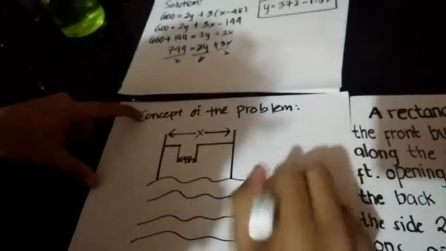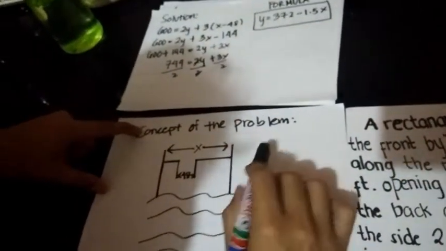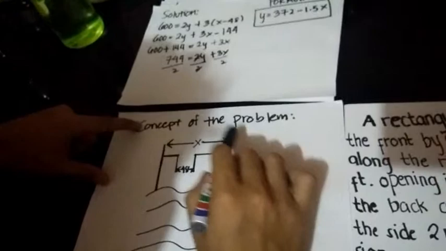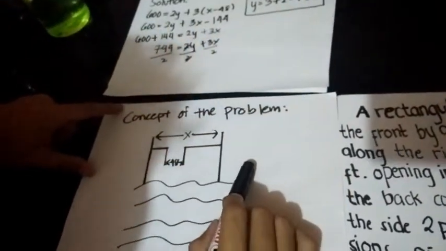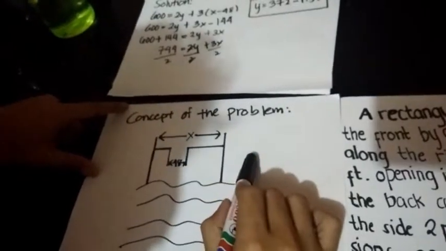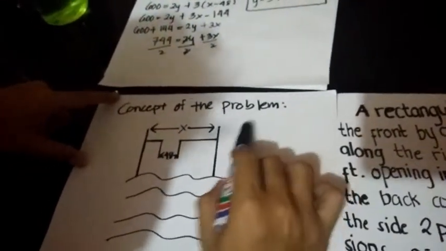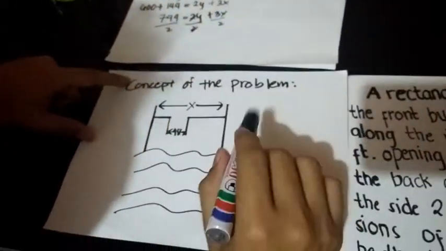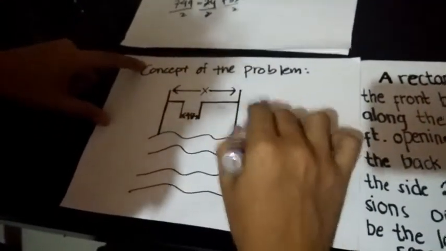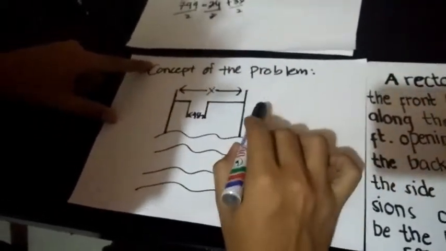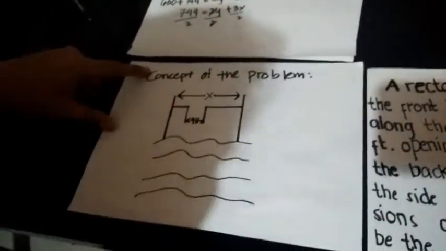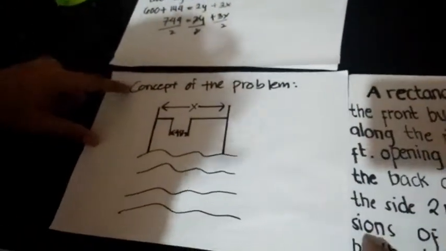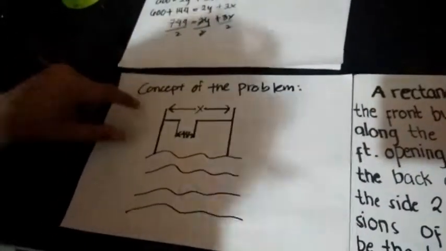In order for us to know the area of this problem, we must use the area of a rectangle, which is length times width. Before we proceed with that, we will go for modeling first.